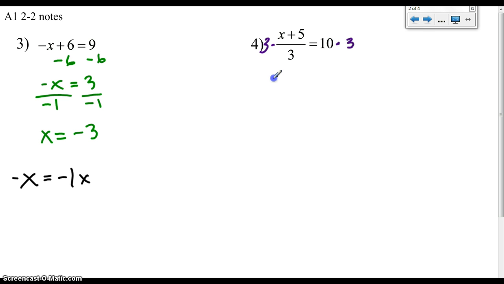So we'll multiply both sides of the equation by 3. That undoes the division. So x plus 5, of course, would be 30. Then we can use our subtraction property of equality. And we end up with x equal to 25.